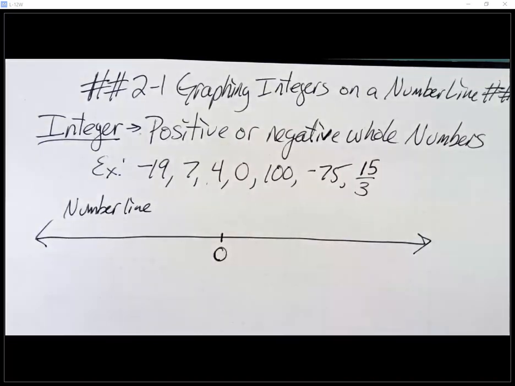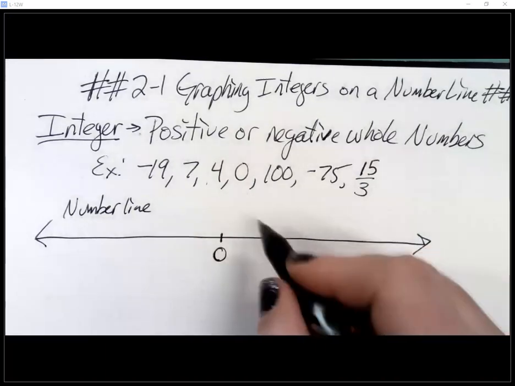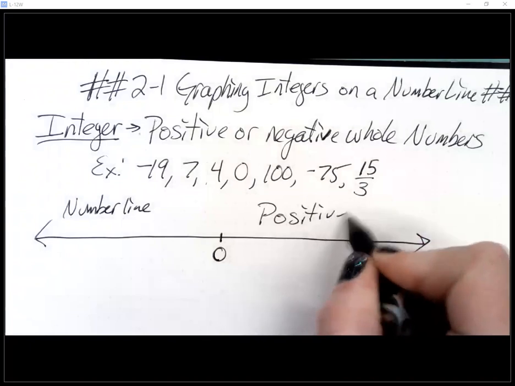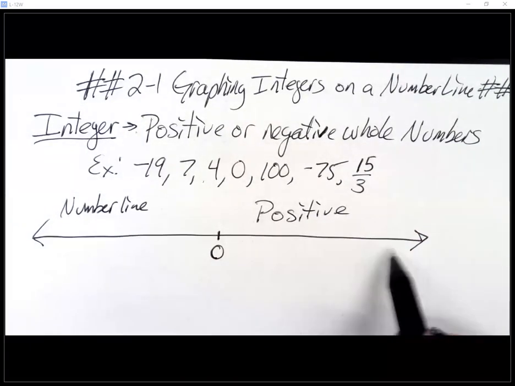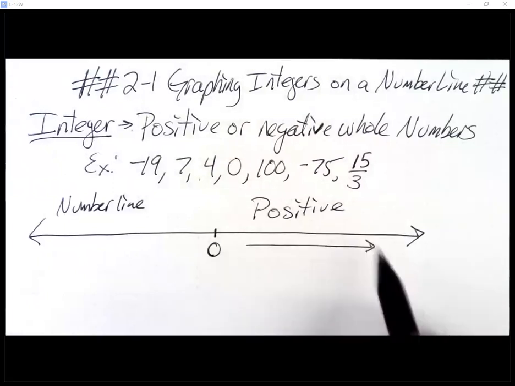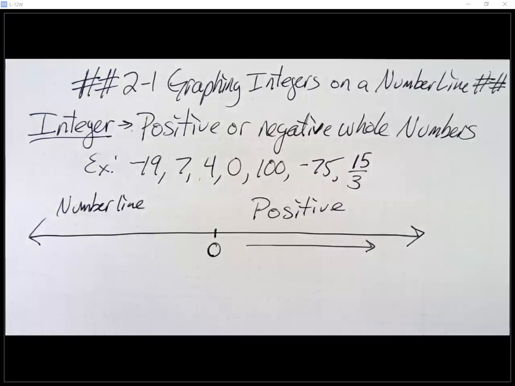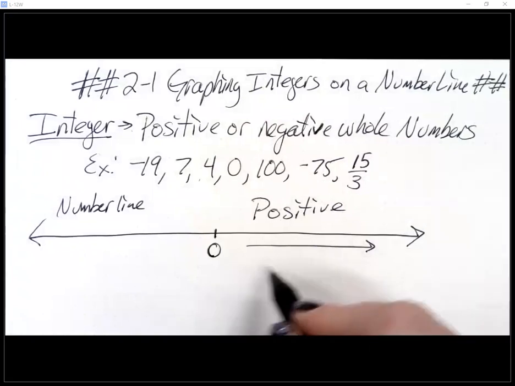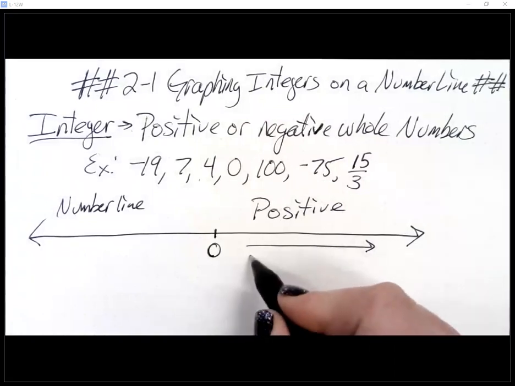And then as you move to the right, all of these numbers are going to be positive. And what happens the further you get away from 0? What happens to my numbers? Are they getting bigger or smaller? They get bigger. So the further you go away from 0 in the right-hand direction, the bigger the numbers get.